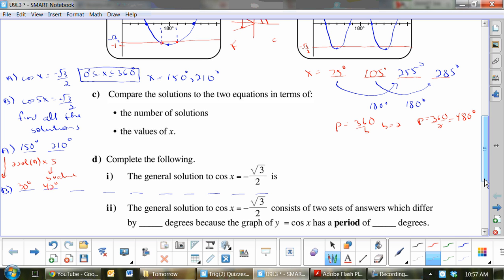Because what do we always do? What is 5x? It's a horizontal stretch by 1/5. So if it's 1/5, why would we be dividing by 5, right? Because this is a horizontal stretch by 1/5, make sure you multiply by 1/5.